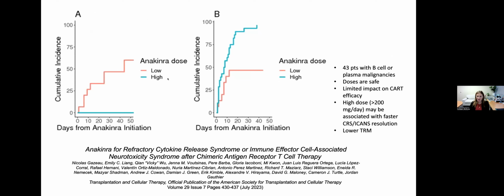High dose was defined as greater than 200 milligrams per day, either IV or sub-Q. What they found, in patients with B cell or plasma cell malignancies, was that these doses were safe, and that the higher dose may be associated with faster CRS or ICANS resolution and lower TRM. And so anakinra has really been adopted by most centers for use. Again, though, the dose and frequency still varies per center when you talk to other folks.